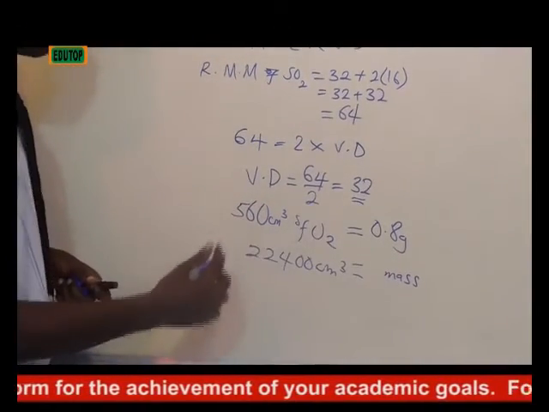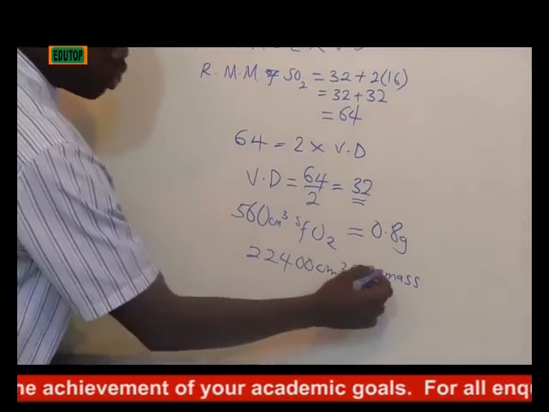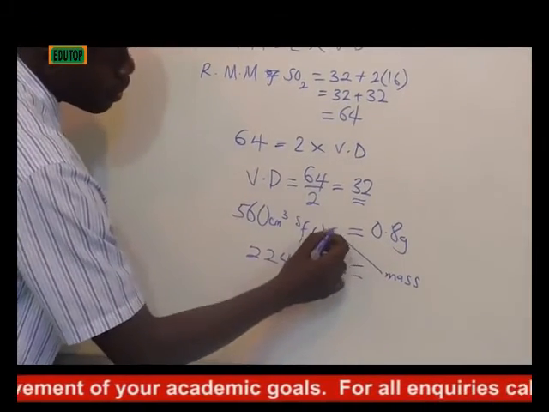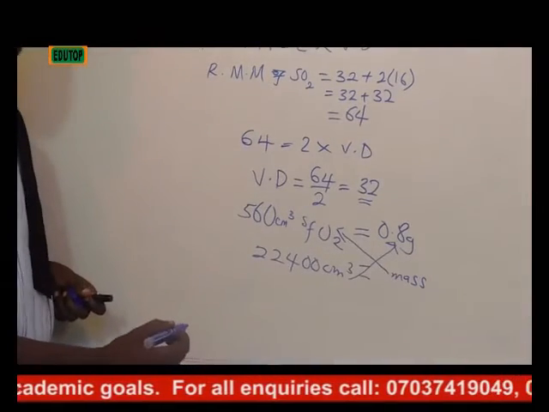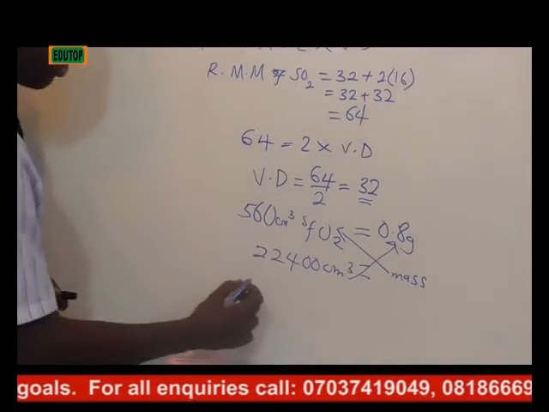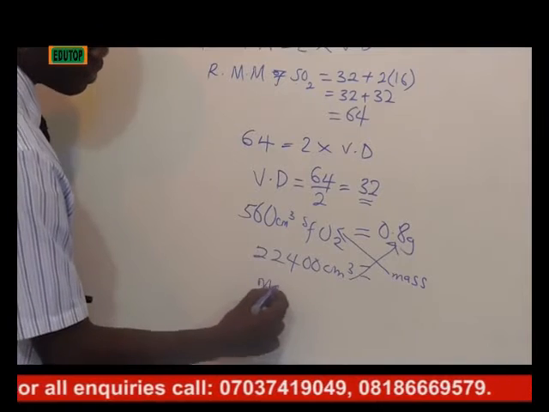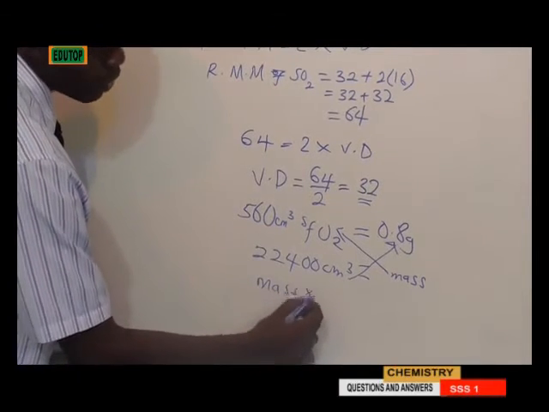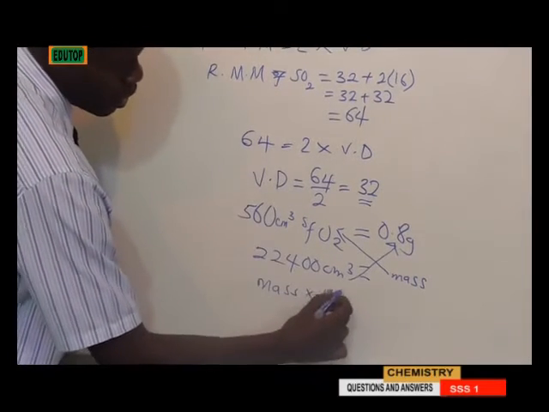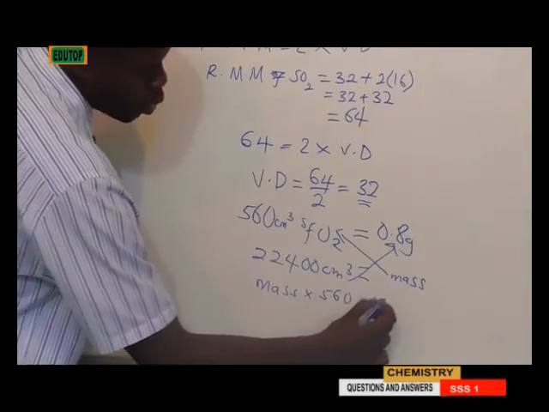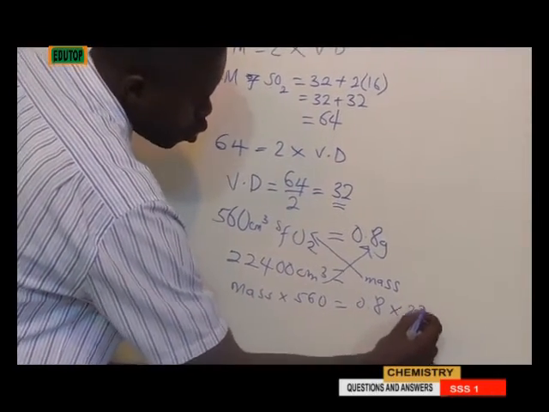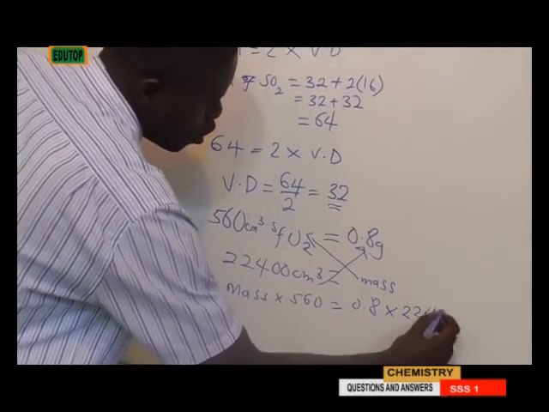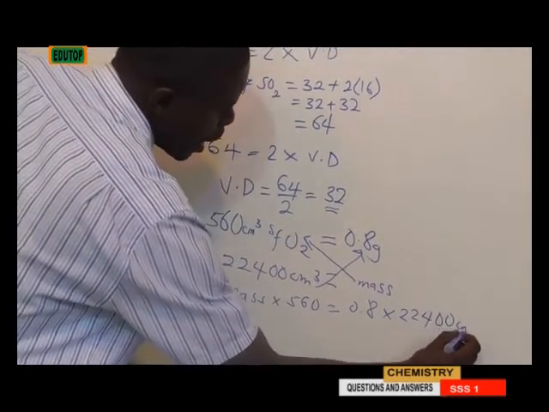To determine the mass of the oxygen, you cross multiply this equation. You are going to have mass times 560 equals 0.8 times 22400 cm³.